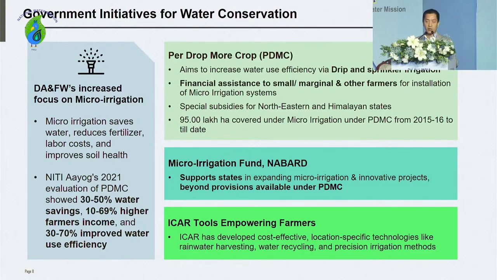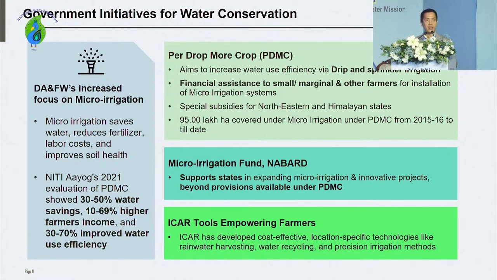So for that, we have instituted a corpus in NABARD by the name of Micro-Irrigation Fund, and we encourage the states to avail the loan under this fund to the tune of about 10,000 crore now. It was 5,000 crore, recently enhanced by another 5,000. We provide an interest subvention of 2%.